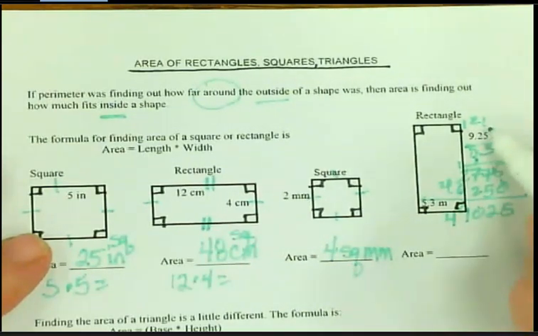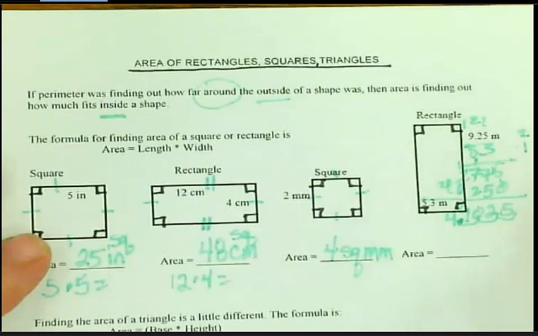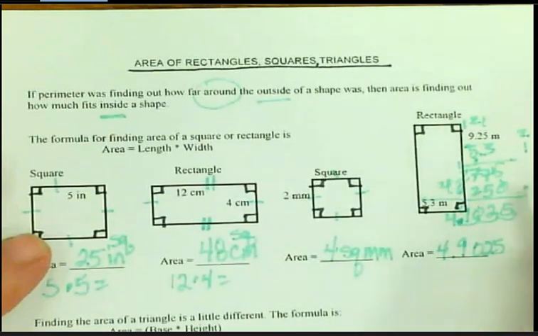I've got 2 places after the decimal, and 1 place after the decimal. 2 and 1 is 3, so 1, 2, 3. .9025 square meters.